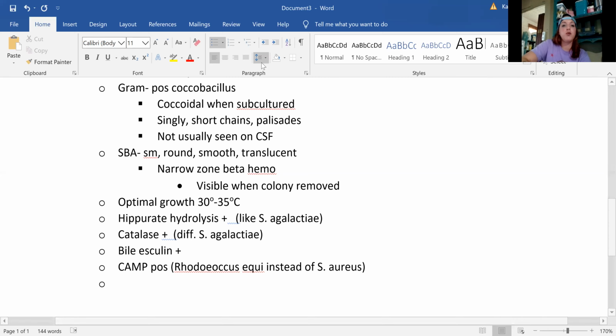And what shape do you get on your positive CAMP test? An arrowhead. And so instead of an arrowhead, your positive Listeria CAMP test is going to have a block shape.